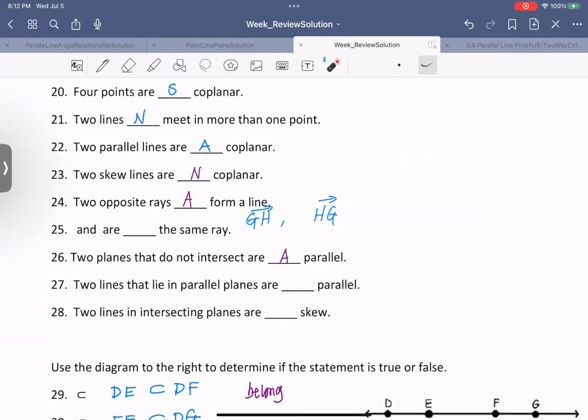Two lines that lie in parallel planes are sometimes parallel, sometimes skew, sometimes. They will not cross. It's in two different planes.